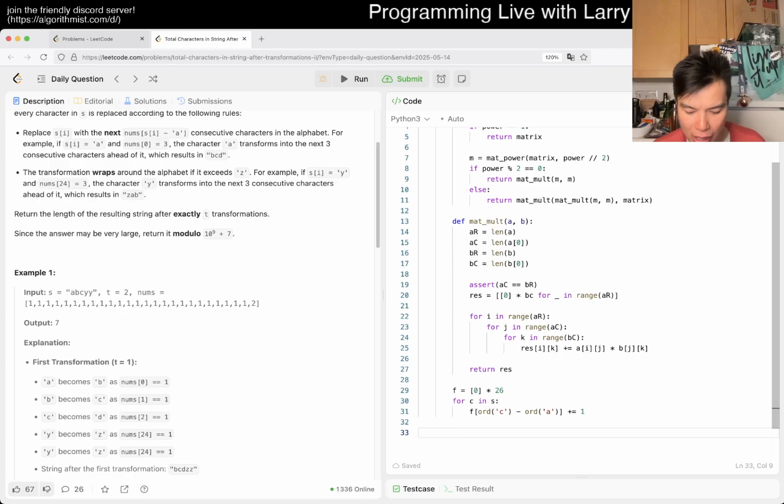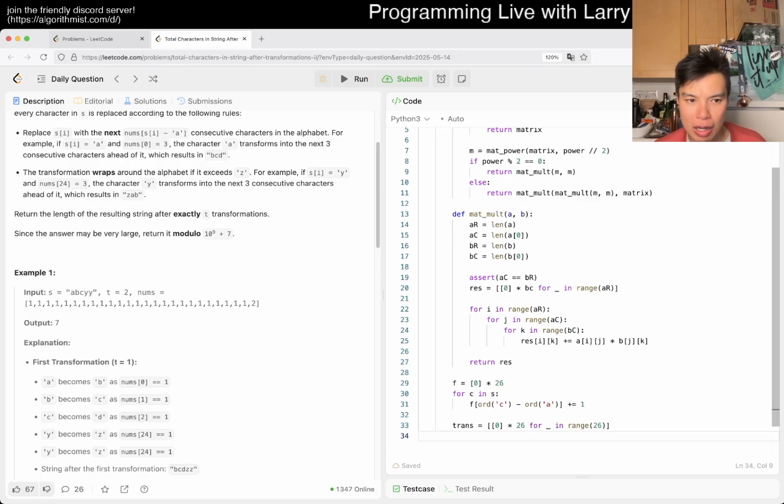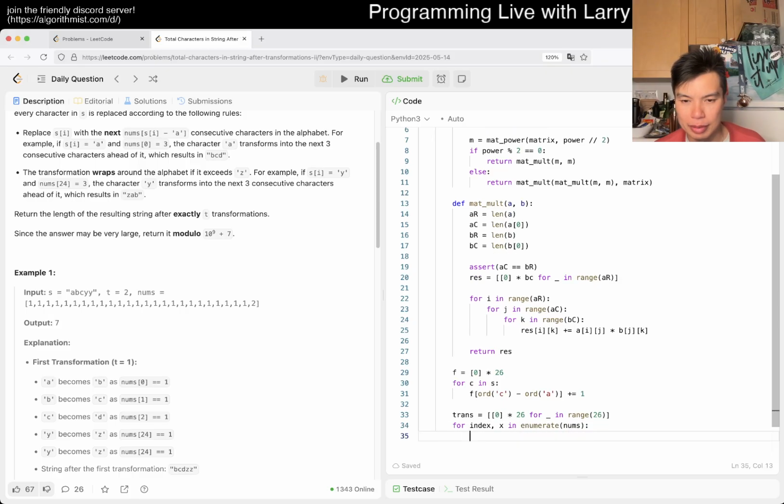So now we have trans is equal to 0 times 26 for each row. And then for index and x in enumerate nums, because now it's going to be x or index. No, x is the character. Let's just see.